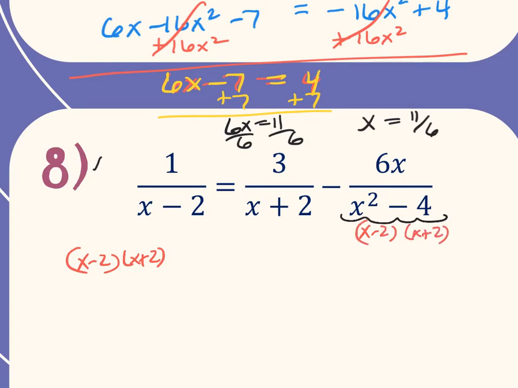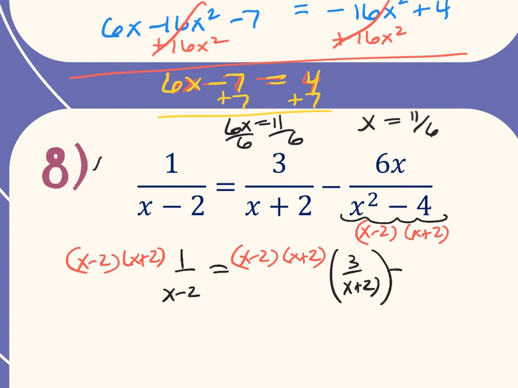So I'm going to multiply each fraction by that. And then the 6x, and I made it negative because I did a keep flip change.